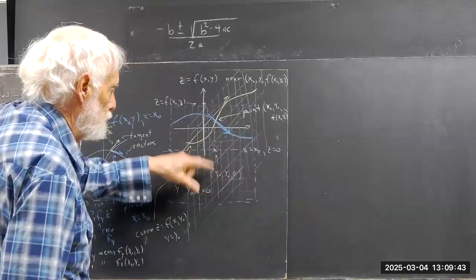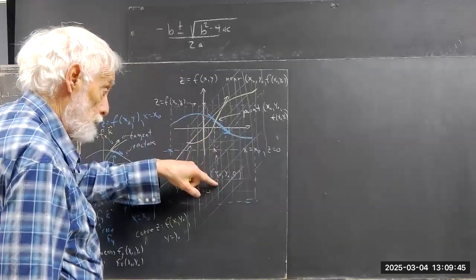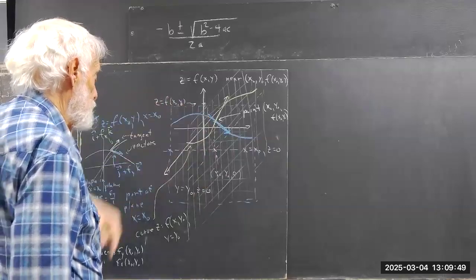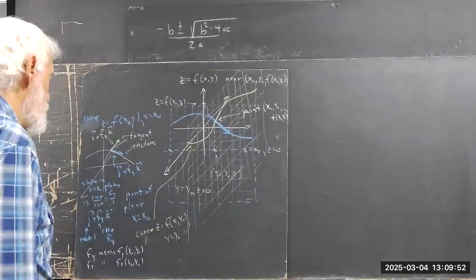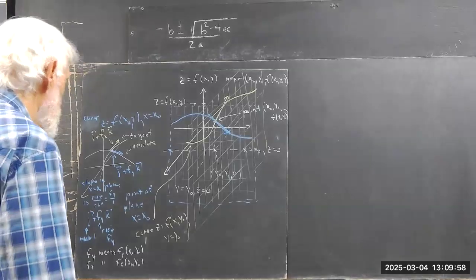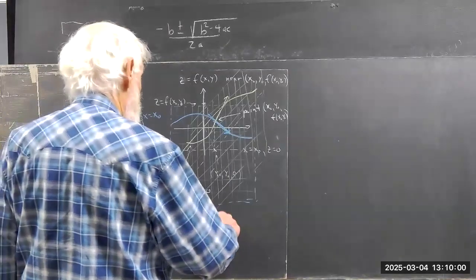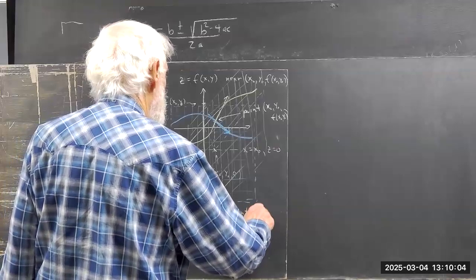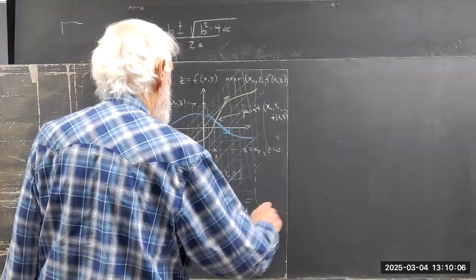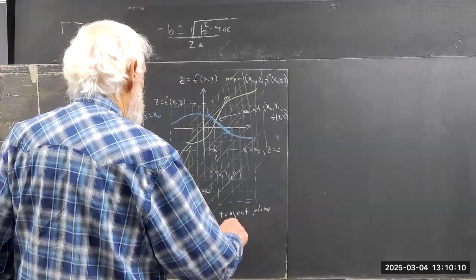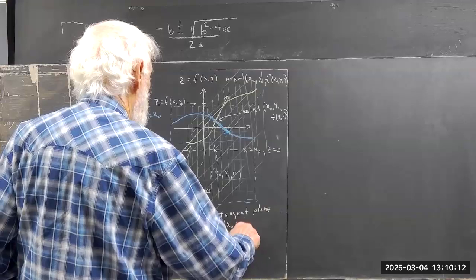This point is x naught, y naught, because that's your x and y coordinate, and f of x naught, y naught, which is this. The tangent plane is through x naught, y naught.